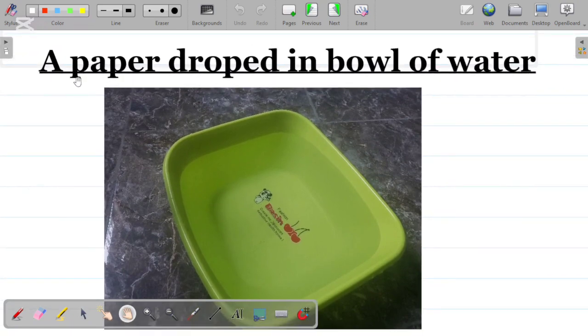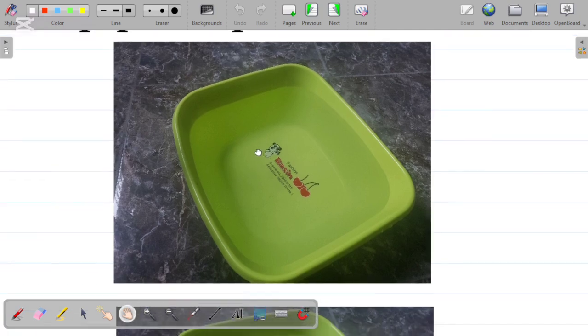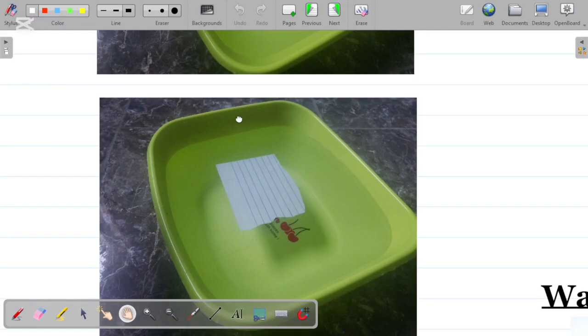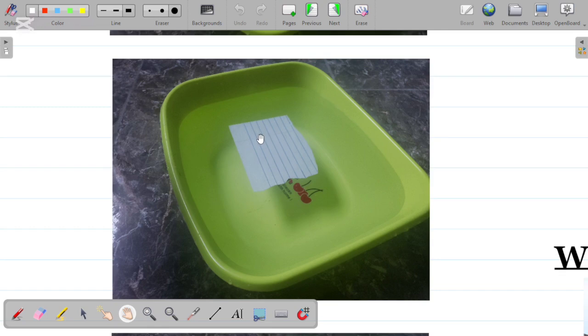Here we have a paper dropped in a bowl of water. A paper dropped in a bowl of what? Water. Alright, so this is a bowl of water. If you carefully drop a paper on the water, you would notice that the paper will float.